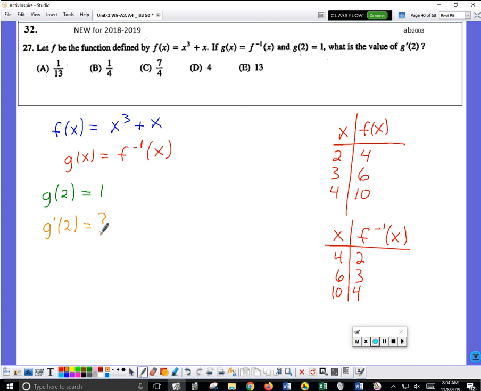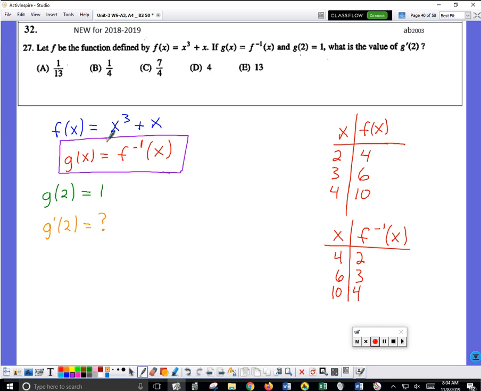Okay, the most important clue in this problem is right here. Because after having studied hundreds of AP problems, I've found they have never ever asked a question that involved an inverse function unless they actually wanted you to find the derivative of the inverse function.